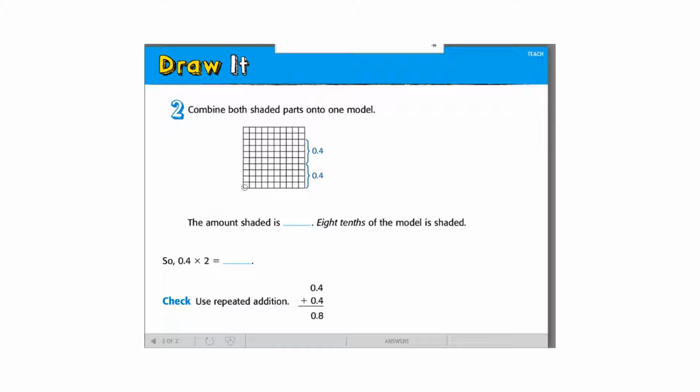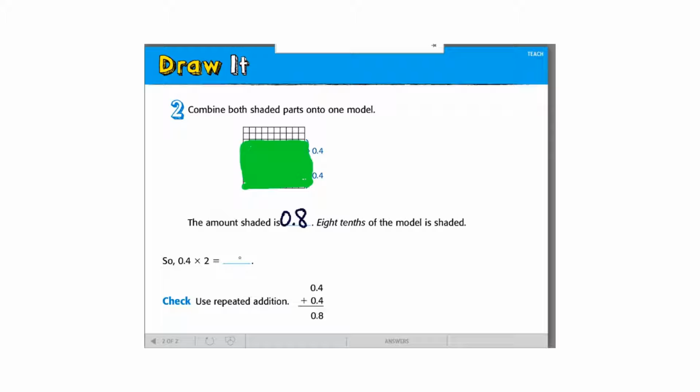So now I have 4 tenths here and I have 4 tenths here. Once you shade in 4 tenths and another 4 tenths, the amount that we shaded is 8 tenths.